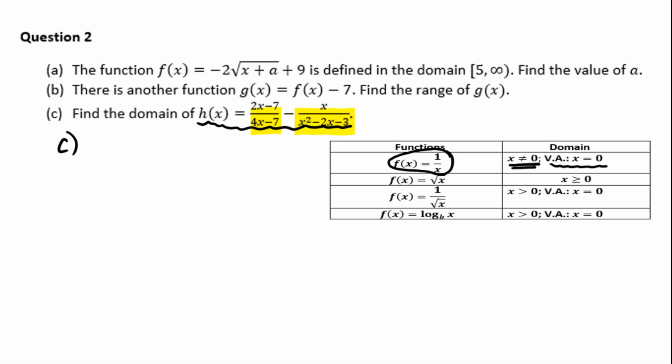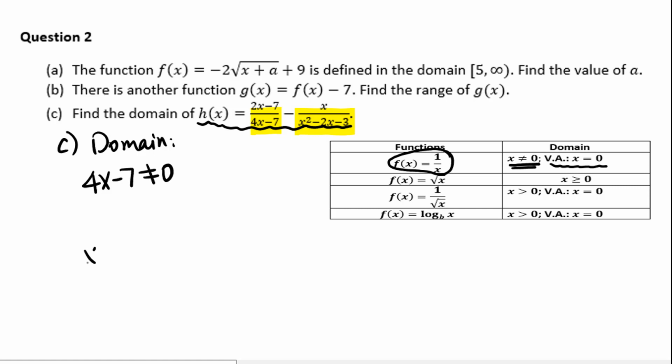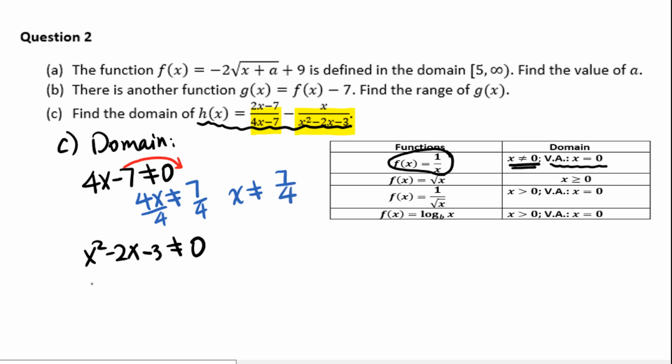You have to make all the denominators not equal to 0 to figure out the domain. 4x minus 7 not equal to 0, and x squared minus 2x minus 3 not equal to 0. So add 7 to both sides. You will get 4x not equal to 7. Then divide by 4. x not equal to 7 over 4.